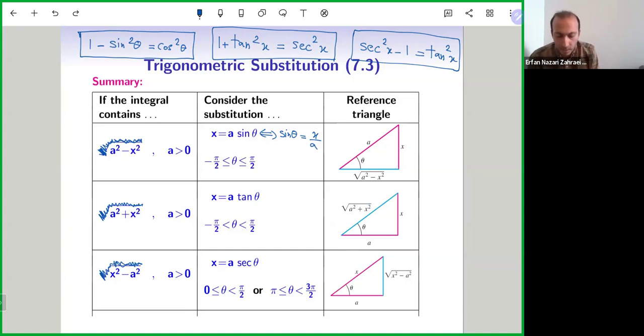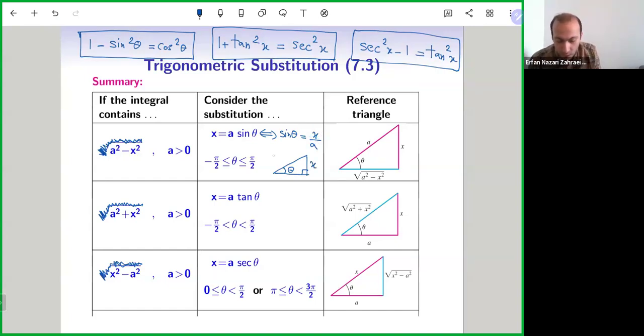How do we get it? By creating the right angle triangle with one angle theta and using this substitution. The substitution says that sine theta is x over a. What is sine theta in a right angle triangle? It's opposite over hypotenuse. So if I take this to be opposite, this should be hypotenuse.